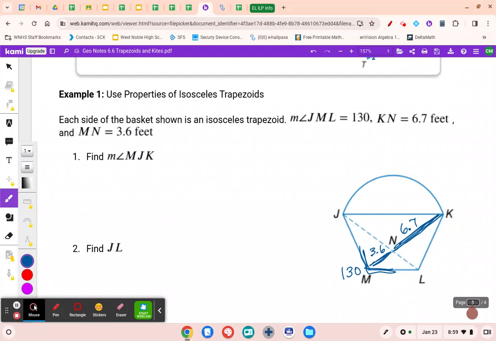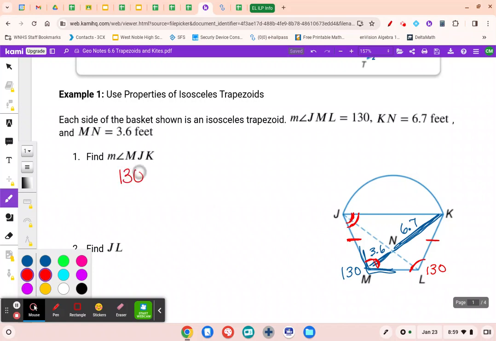Now, it didn't say anything about this above, but because of the way it is set up, since this is an isosceles trapezoid and these legs are the same and base angles are congruent, if this is 130 and this is 130, we technically know, even without a theorem, that these two, angle J and angle M, must combine to make 180 degrees.